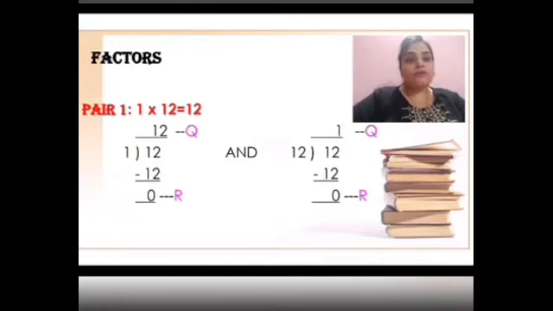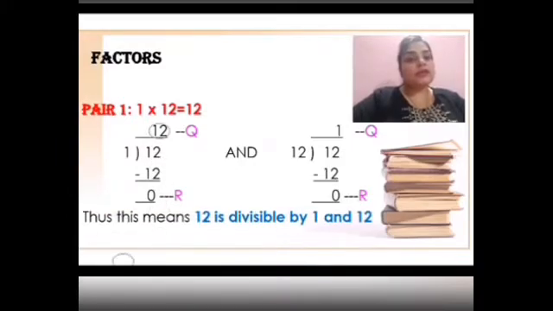Now when we divide 12 by 1 and 12 by 12, we will get the remainder 0. So this means 12 is divisible by 1 and 12, or we can say that 1 and 12 are the factors of 12.